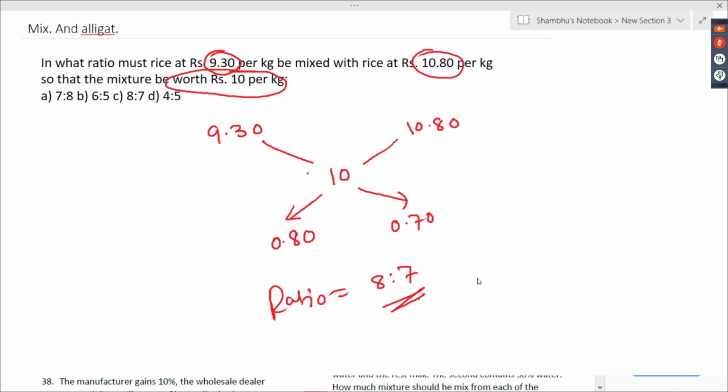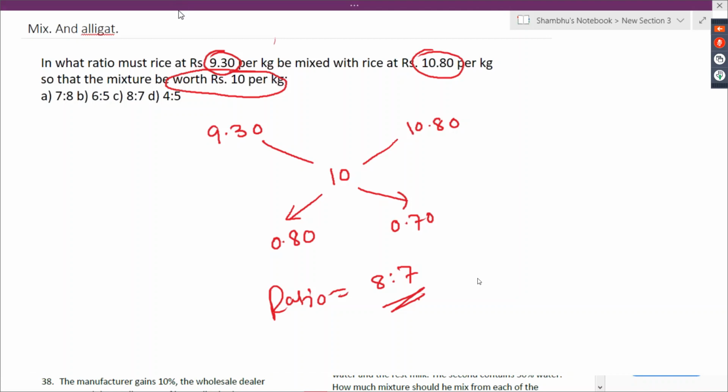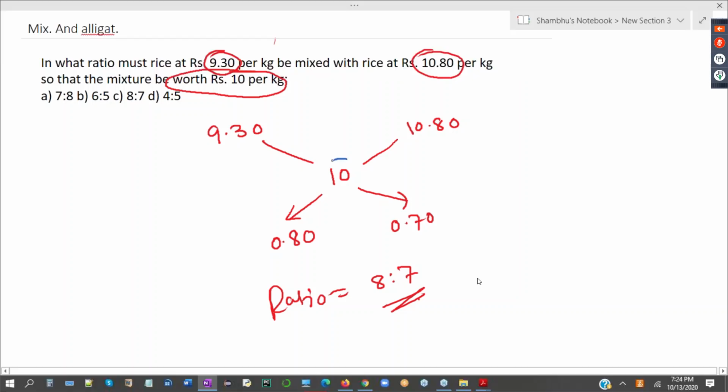One point I want to tell you here is that the mean price must always be bigger than the smaller value, and the mean price must be smaller than the bigger value. Like if I say two items, one at 80 and one at 150, then the mean price has to be between 80 and 150.